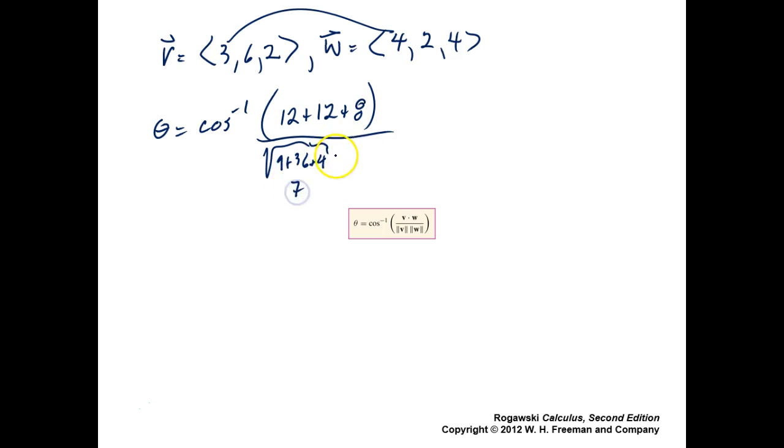Yeah, this is 7. And this one is the square root of 16 plus 4 plus 16. 32 and 4, 36. That's 6. So what do we have here? Inverse cosine of 24 plus 8 is 32 over 42, and then plug that in your calculator, right?